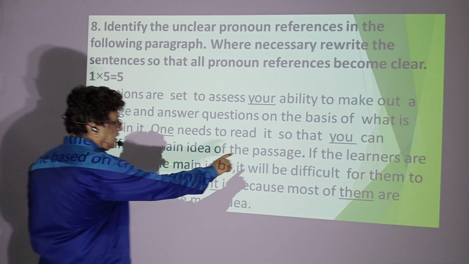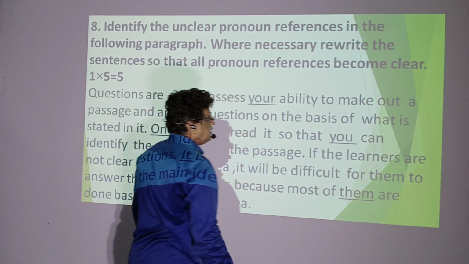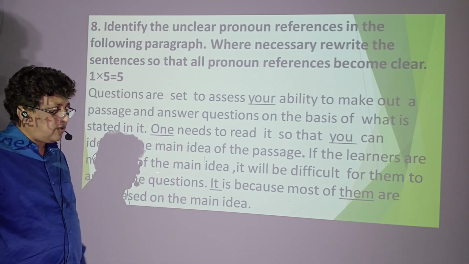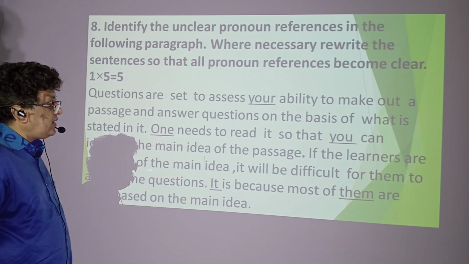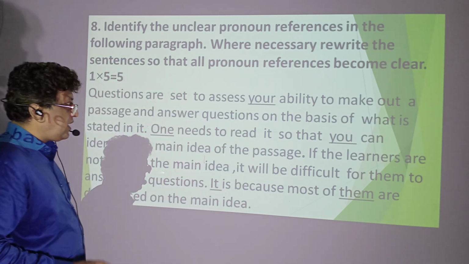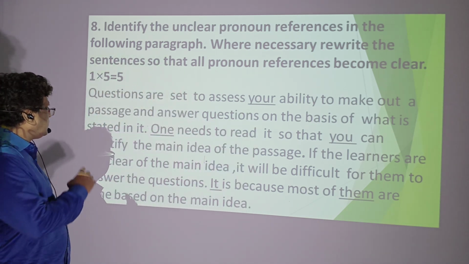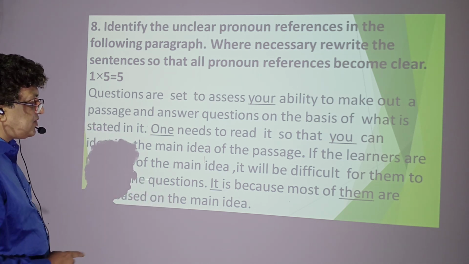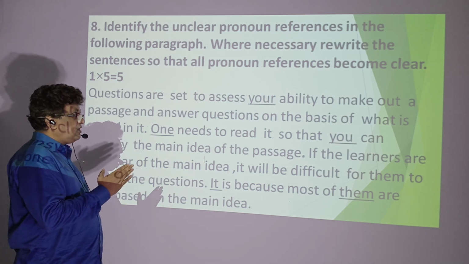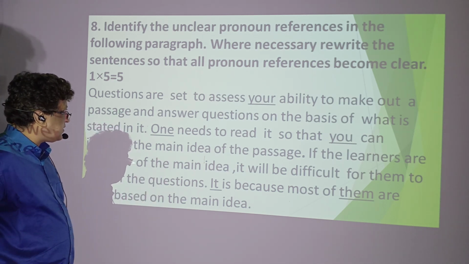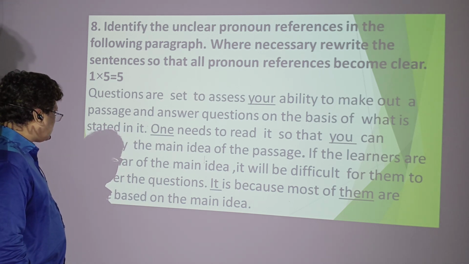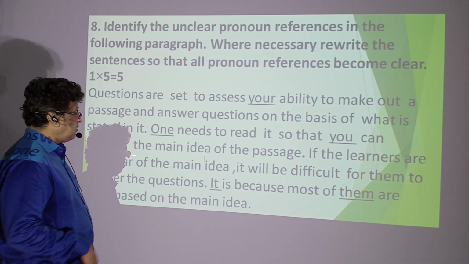If we take help from the context of the learners in the third line, then your should be replaced by a learner's. So questions are set to assess a learner's ability to make out a passage and answer questions on the basis of what is stated in it.